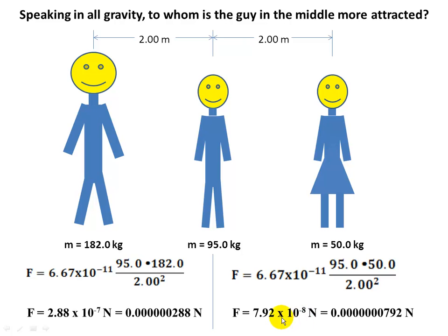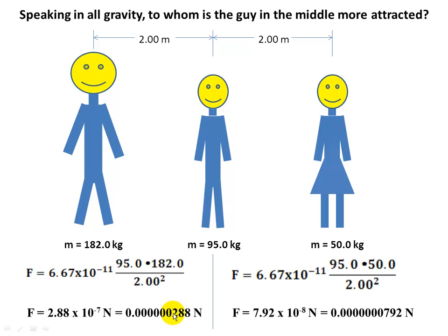Now, at first blush, it may look as if 7.92 is bigger than 2.88. It is, but it's multiplied by a different factor, 10 raised to a different power. So I wrote this out in standard notation, not scientific notation, so you could see that this is 79.2 billionths of a newton over here, and this is 288 billionths of a newton over here.